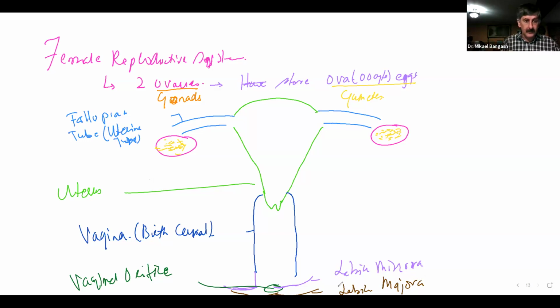Now in the male, we had a more extensive tubular system through which the sperms would travel. In the females, we have a similar tubular system, which is what we call the fallopian tubes, or the uterine tubes.